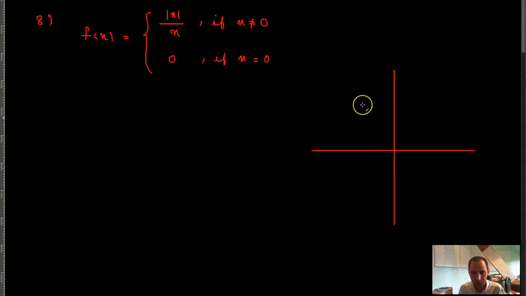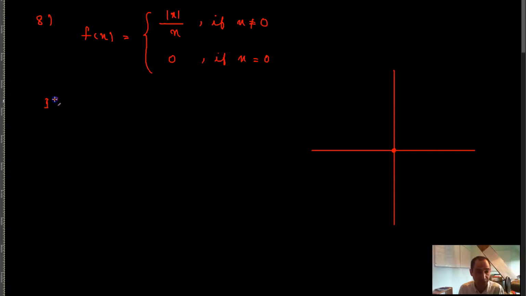When x is equal to 0, your output is 0. That is basically your output here. And if x is not equal to 0, meaning that either x is positive or negative, then f of x is equal to the absolute value of x over x, which means that you get 2 cases over here.